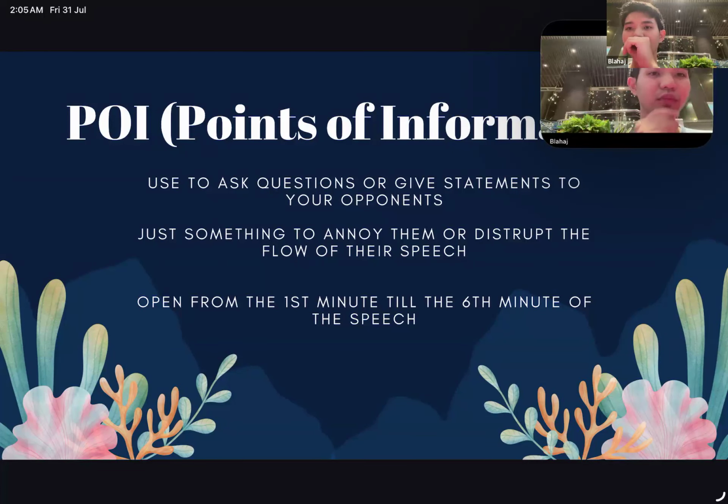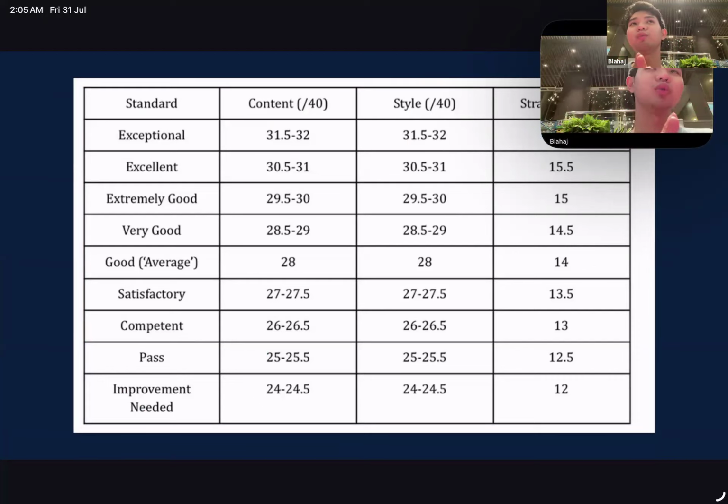Right. So what you see here is how we're going to mark you in the debate itself, how we're going to give you marks for your respective speeches. There's going to be 40% for content, which is more towards testing your chemistry knowledge. 40% is for style, regarding how clearly you are able to speak and how good you are at presenting your speech.